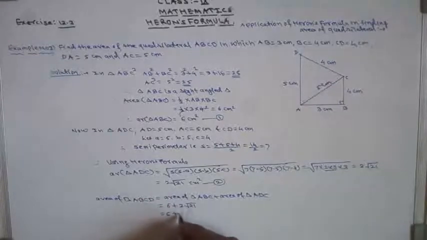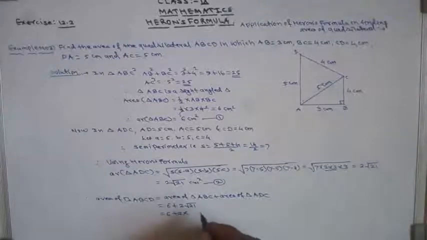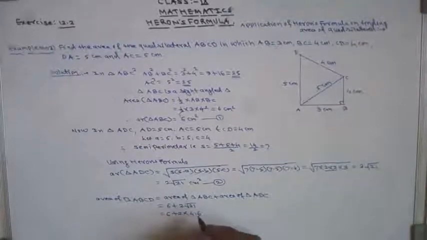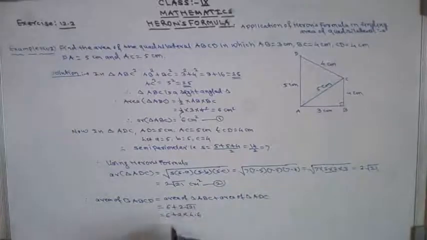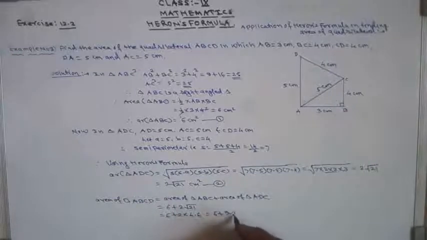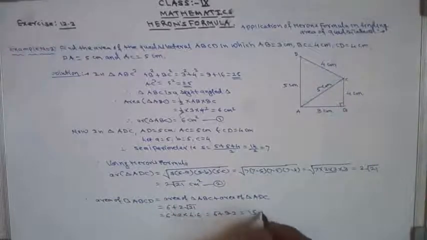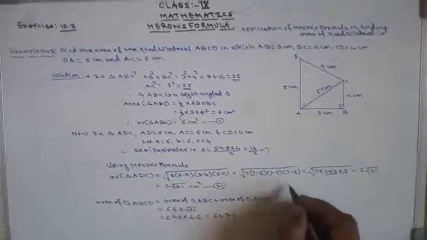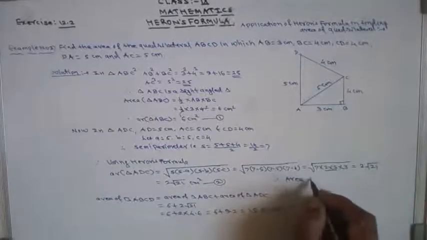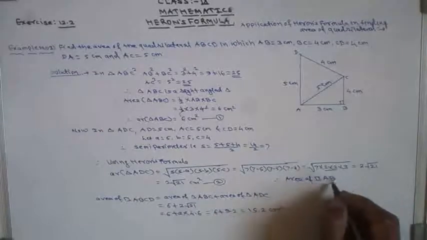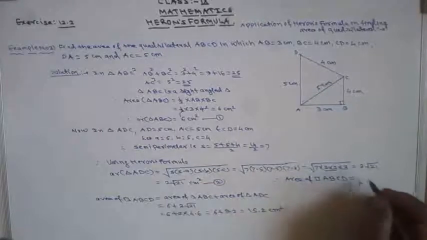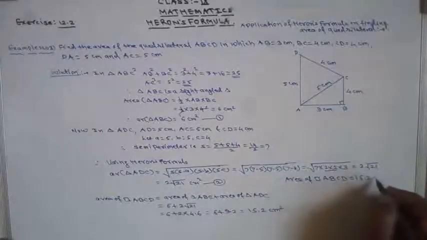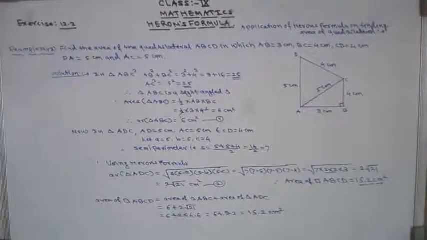So that is 6 plus 2 into, what is root 21? 4.6. So this is equal to 6 plus 9.2, so this is 15.2 centimeter square. Therefore, area of quadrilateral ABCD equals 15.2 centimeter square. Okay students, in this way we can find the area of the quadrilateral.